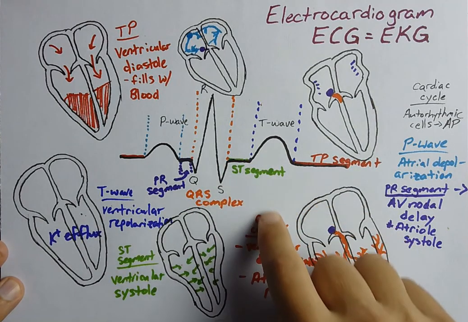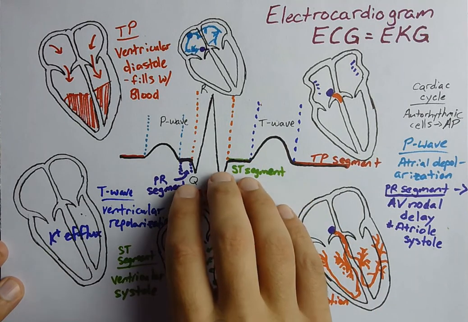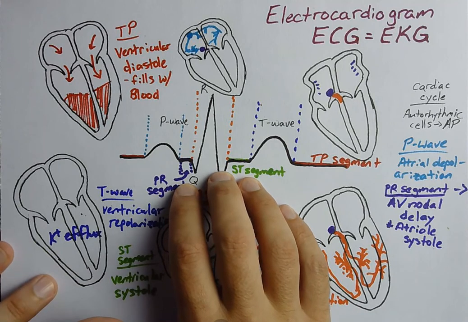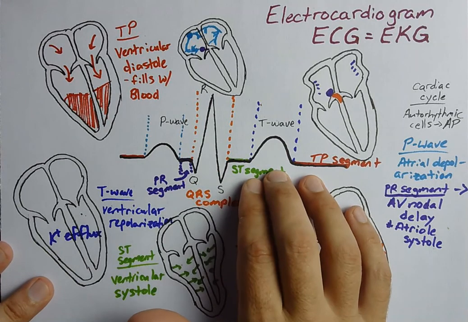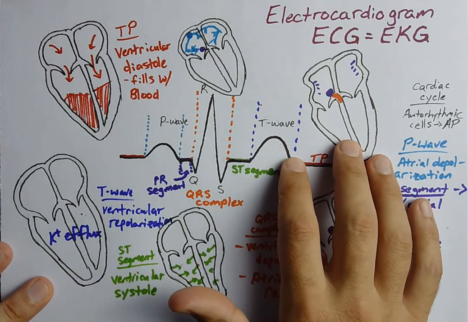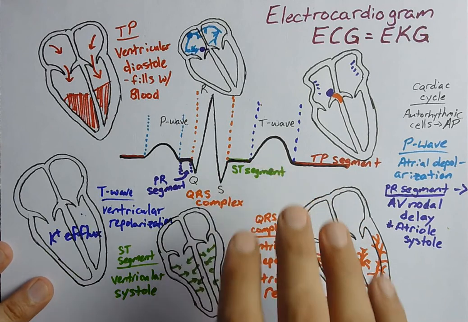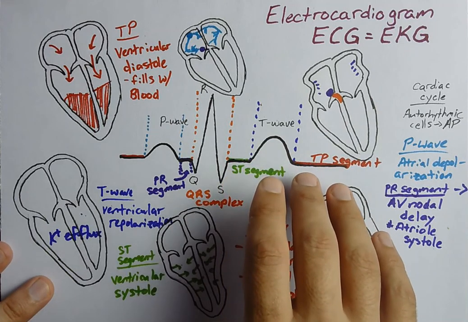So normally it would drop, but remember, an EKG is not an action potential. It is a representation of the sum of all electricity going through the heart. So it doesn't care whether it's depolarization or repolarization in terms of the direction that it goes. What it cares about is the direction the current is moving towards the electrodes.